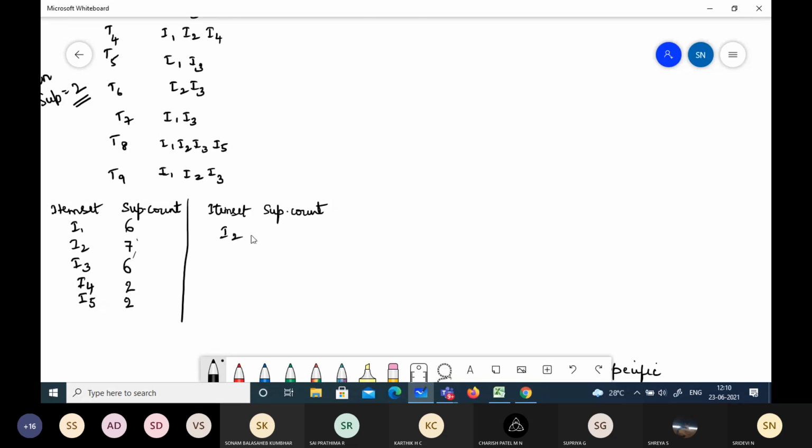I2 and the support count is 7. Then comes I1, support count is 6. Then I3 with support count 6. Then I4, I5.